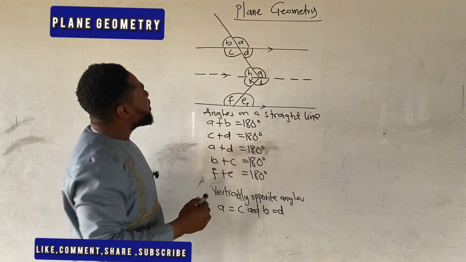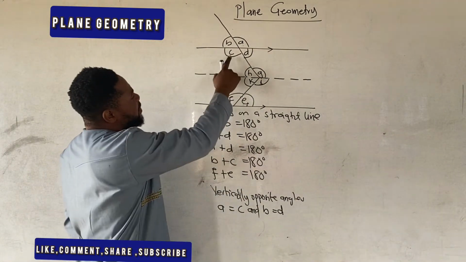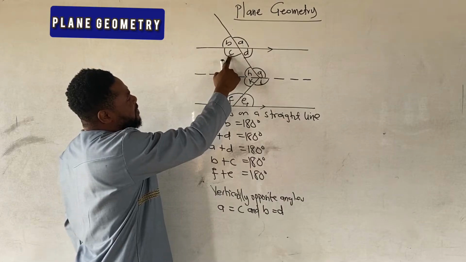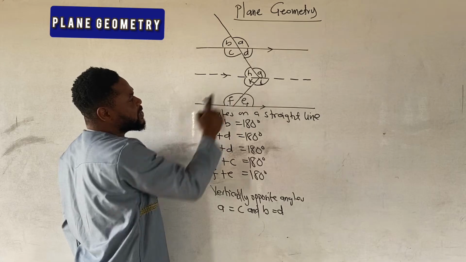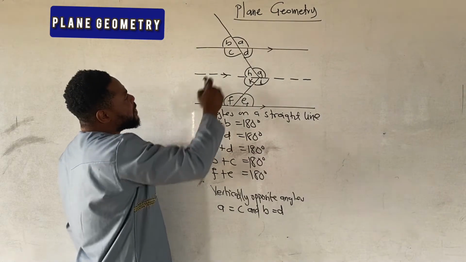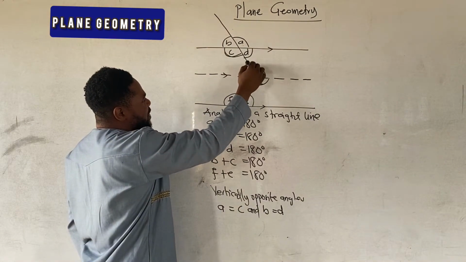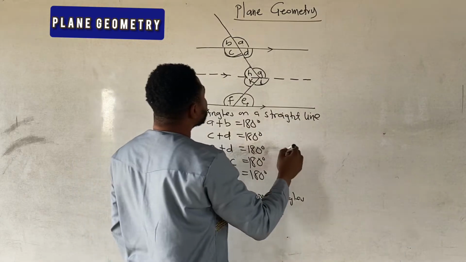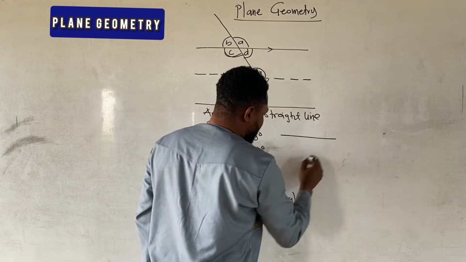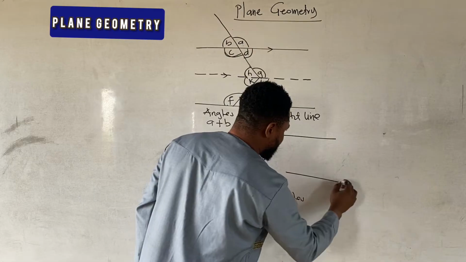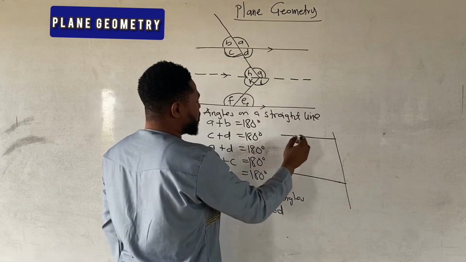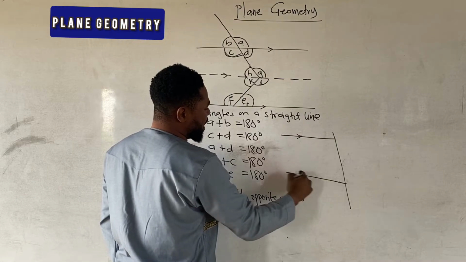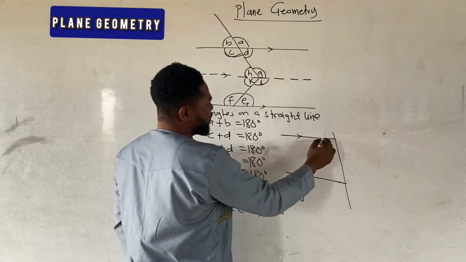First of all, let us compare angle C and angle D to angle H and angle G, as we can see. Now, when we take these two angles, they form a shape like this, where this line and this line are parallel, as we can see.